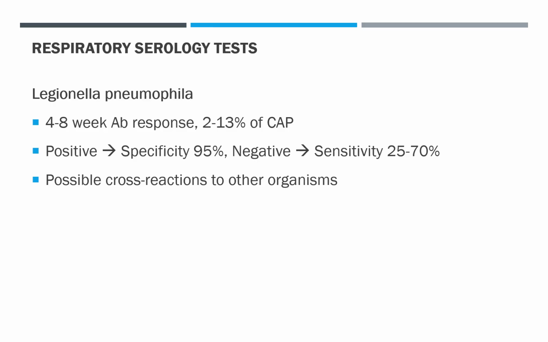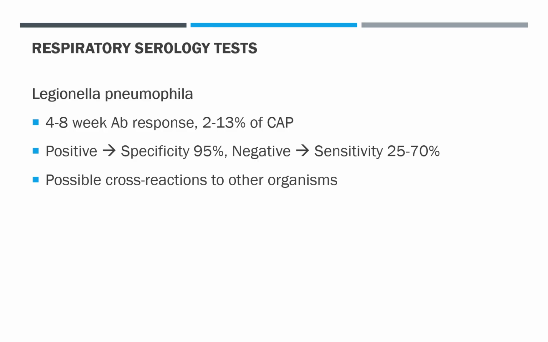It takes about 4 to 8 weeks to generate a significant antibody response. So referring back to the weakness of this type of testing. The strength is that since you're looking for the specific antibody, it can only be generated by a response to that organism. The specificity is really strong at 95%.